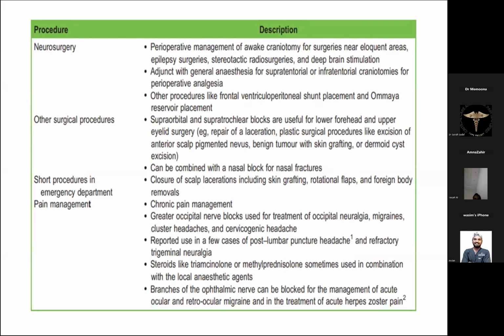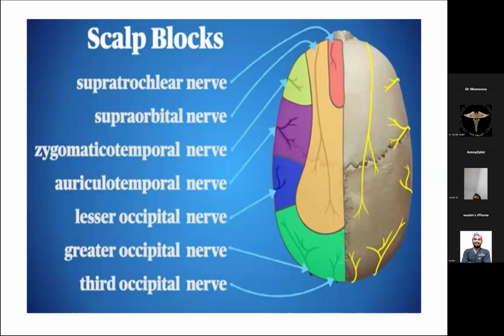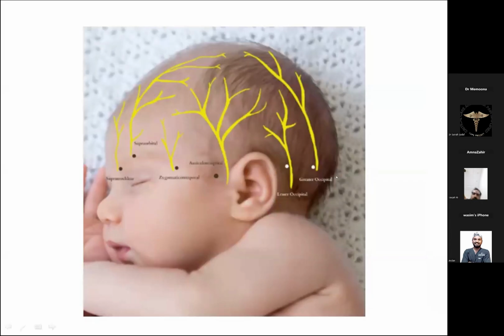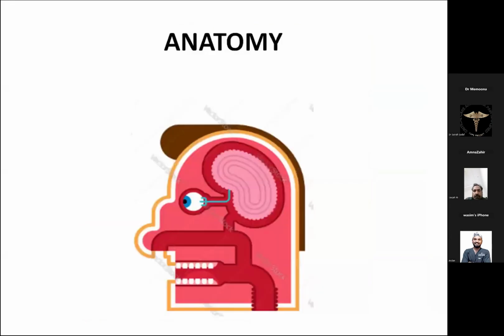This is the list of the main nerves innervating the scalp. This is one side of the scalp that is being innervated by all these nerves, and these nerves are in pairs. So the other half of the scalp is supplied similarly by the same pair of nerves.